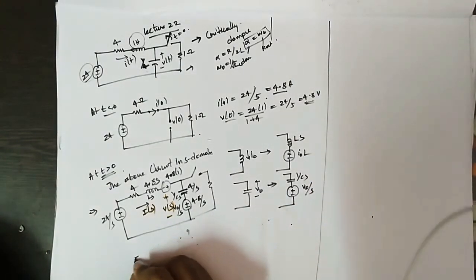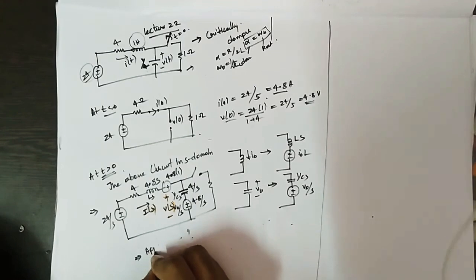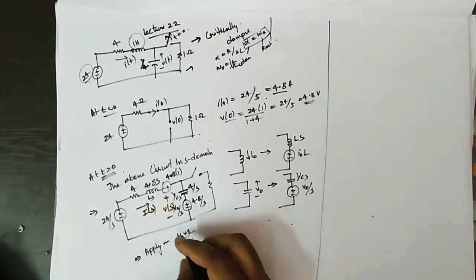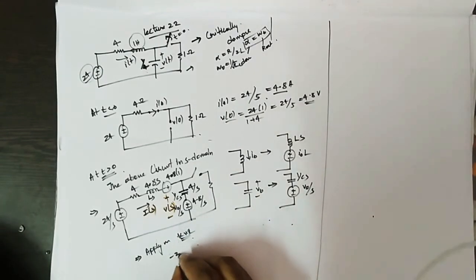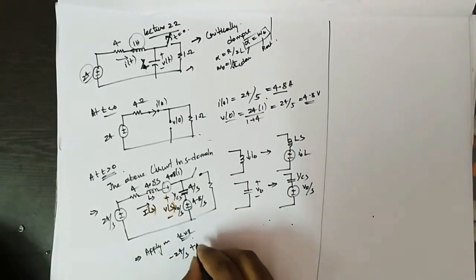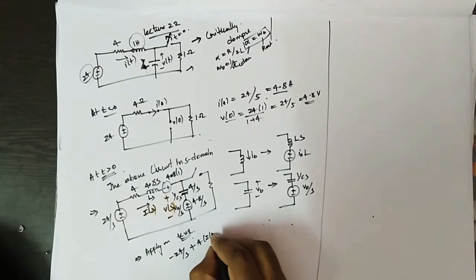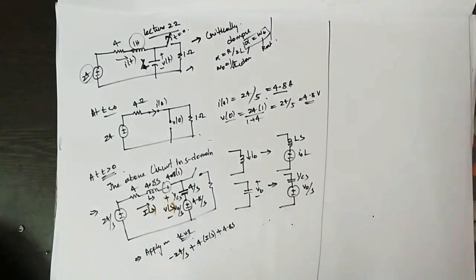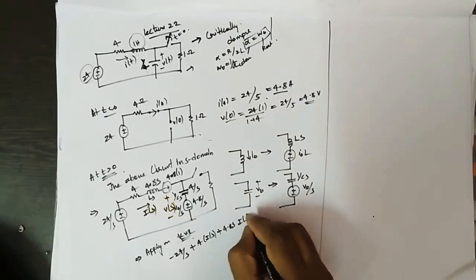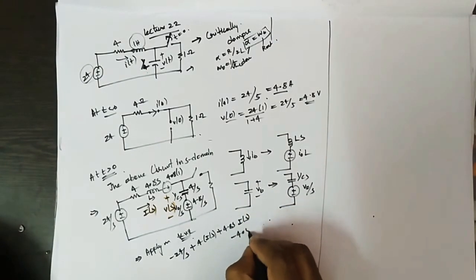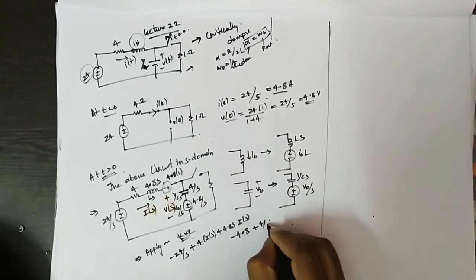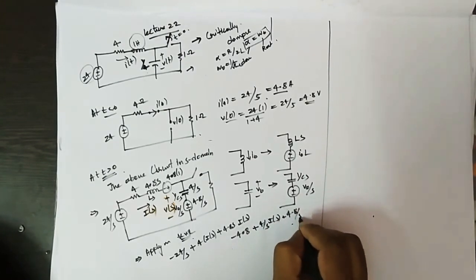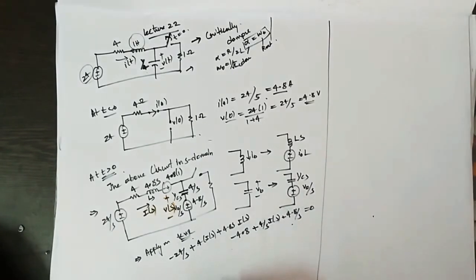Applying KVL: 24 by s plus 4 into I of s plus 4.8 s into I of s minus 4.8 plus 4 by s into I of s plus 4.8 by s equals 0.